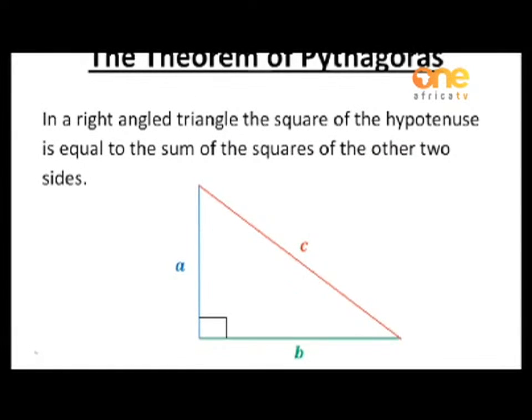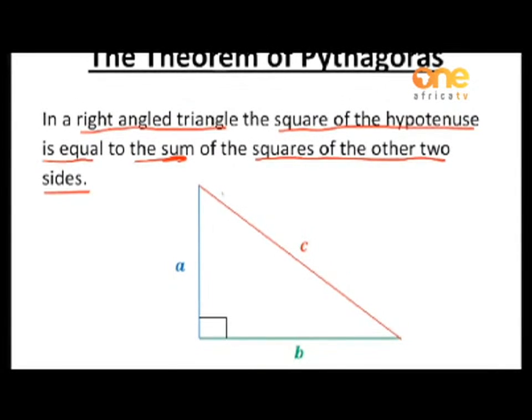This brings us to the theorem of Pythagoras. The theorem, stated in words, is: in a right-angled triangle, the square of the hypotenuse is equal to the sum of the squares of the other two sides.